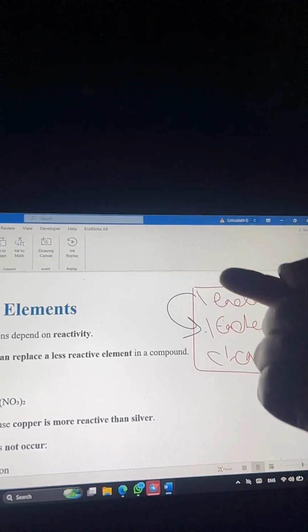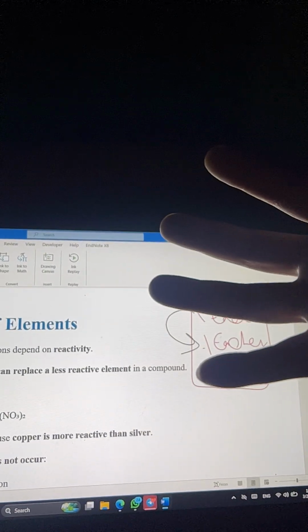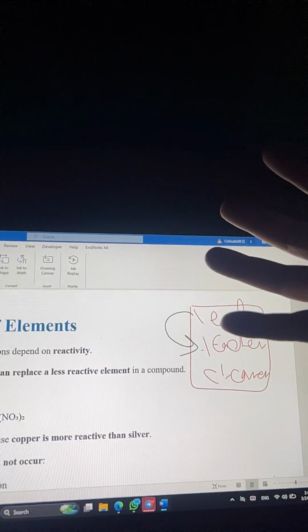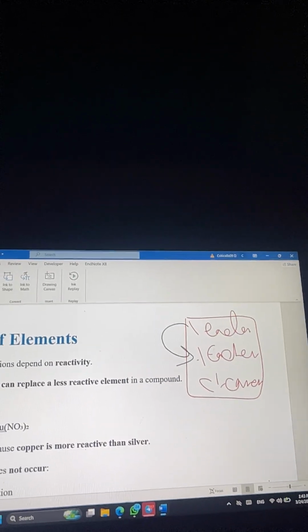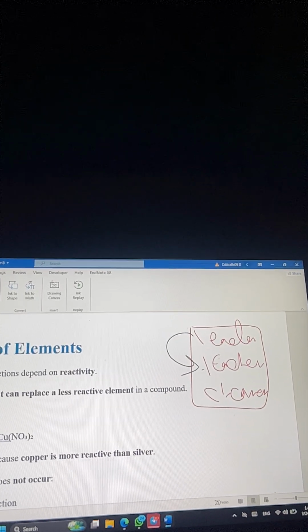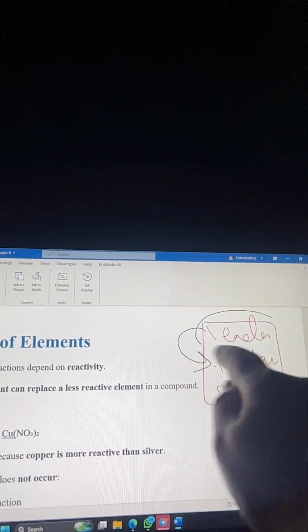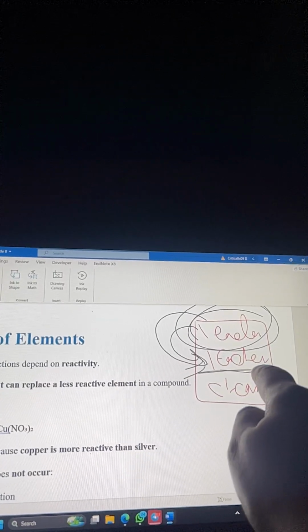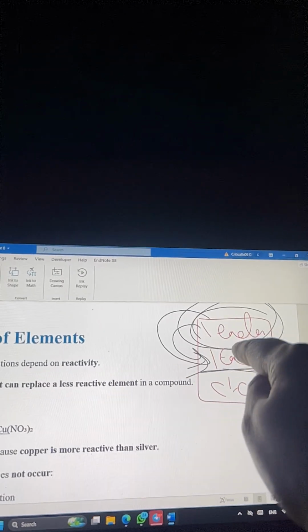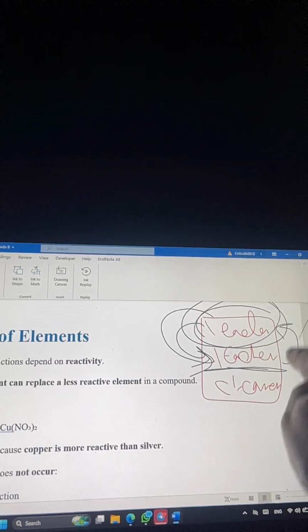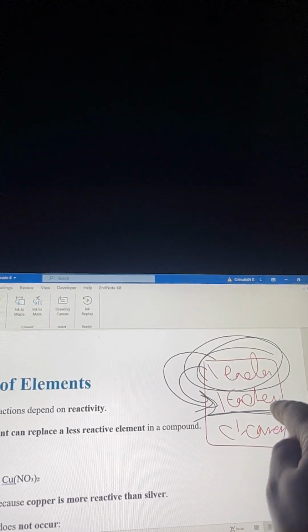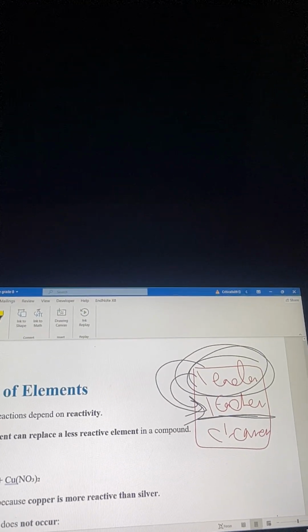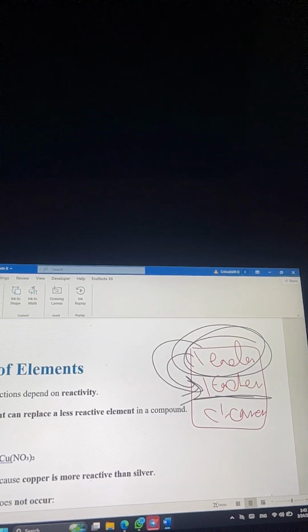Because the leader has more reactivity and more energy than the teacher. Do you understand? So the more reactive one can replace the less reactive one, but the less reactive element cannot replace the more reactive.